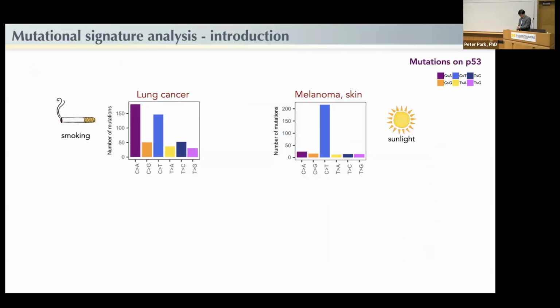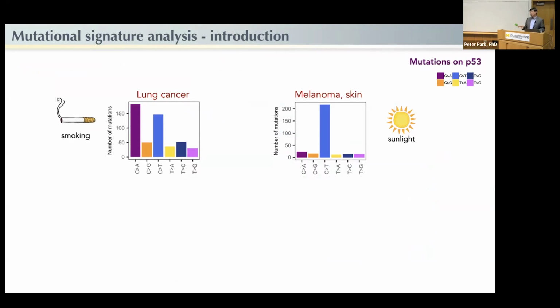Okay, now coming back to the main topic, which is mutational signatures. Let me just introduce you the idea, and then hopefully try to tell you some problems and some solutions. So we know that different cancer types have different types of substitutions. If you look at lung cancers, you see lots of C to A substitutions and C to T substitutions.